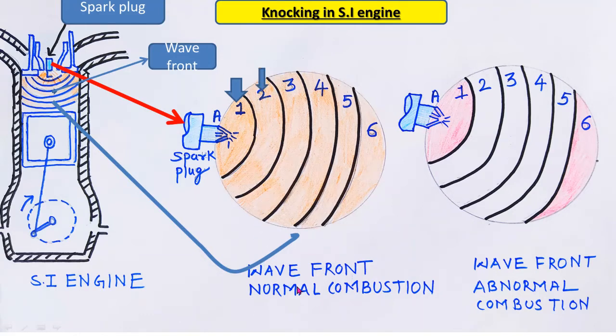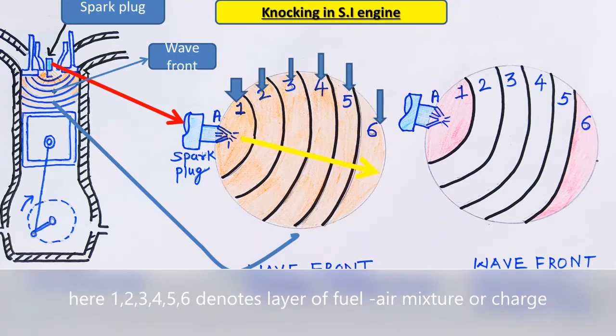Then because of the heat produced by layer 2, layer 3 will start burning, and after that layer 4 will burn, then layer 5, and at last layer 6 will burn. So this is the sequence followed. If this sequence is followed in the burning of the layers, then we can say that the combustion is normal.